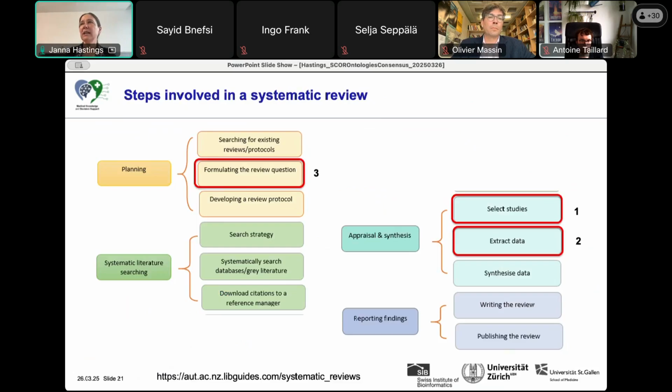So I'll try to go a little bit quicker now because I want to leave some time for questions and discussion at the end. I just want to tell you a few research frontiers we've been working on, or findings we've had exploring this technology for these kinds of applications ourselves in our own hands. Here you see the steps involved in a systematic review, and the easiest to automate is the step of finding and selecting the studies to include.